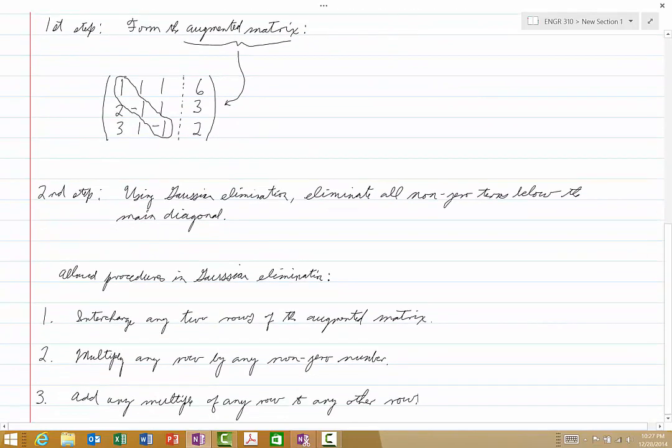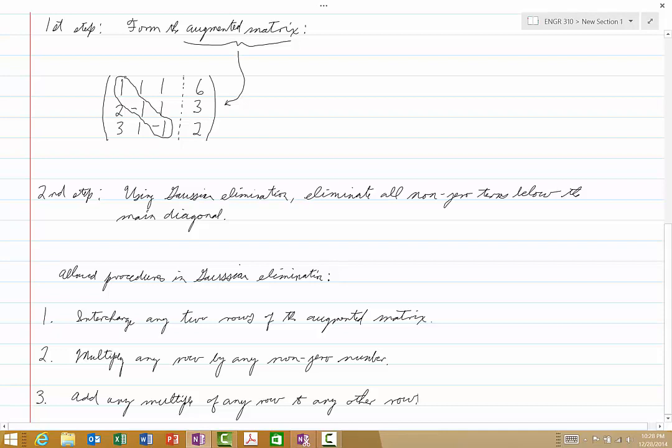And finally, it's not too surprising either that we can add any multiple of one of those equations to another one of those equations, and that's the equivalent of what we're doing here when we add any multiple of any row of the augmented matrix to any other row of the augmented matrix. So these procedures are really not anything that's real news to you. I think you're aware of all of them, but it does maybe help to have them all grouped together.